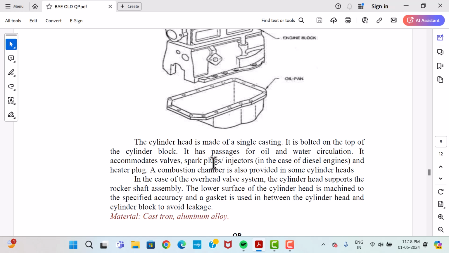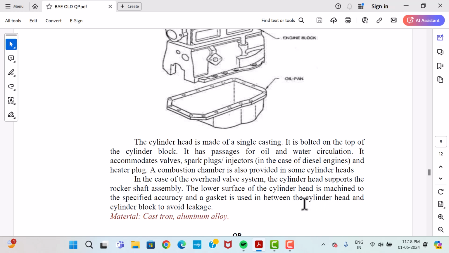It accommodates valves and the spark plug. The parts connected to the cylinder head are the valves, spark plug, injector in the case of a diesel engine, and a heater plug to take the temperature of the engine. A combustion chamber is also provided in some cylinder heads.